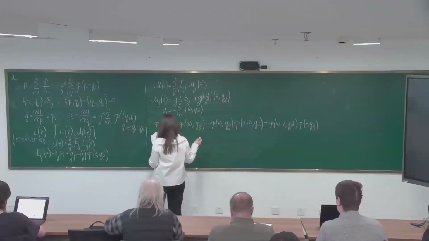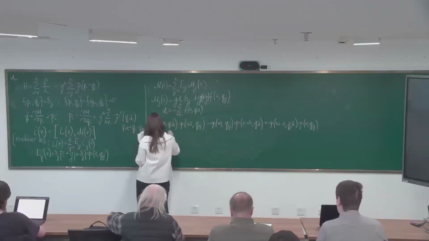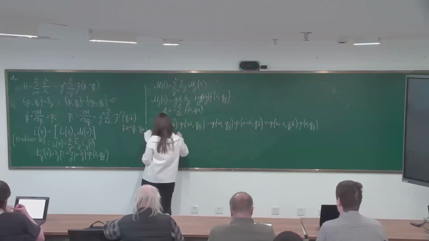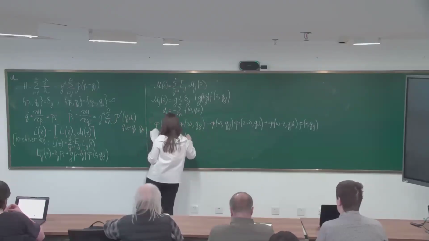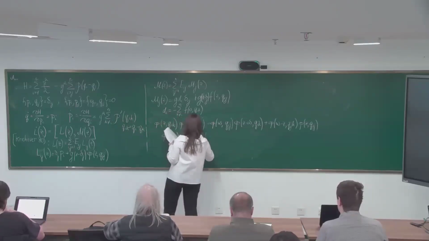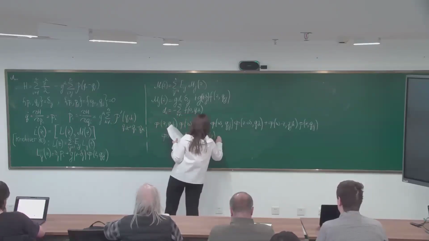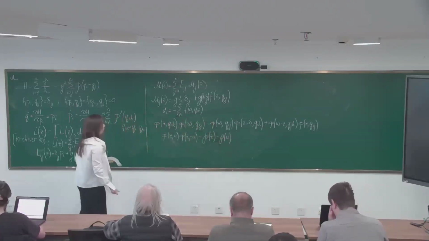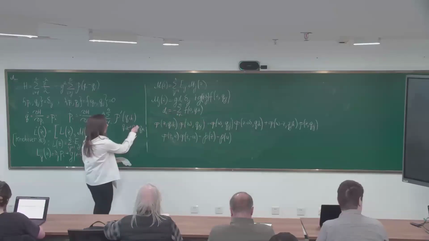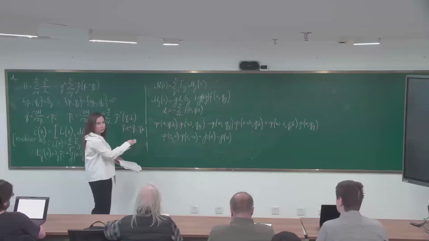And the unitarity property. So you need these identities, or the derivatives of these identities.